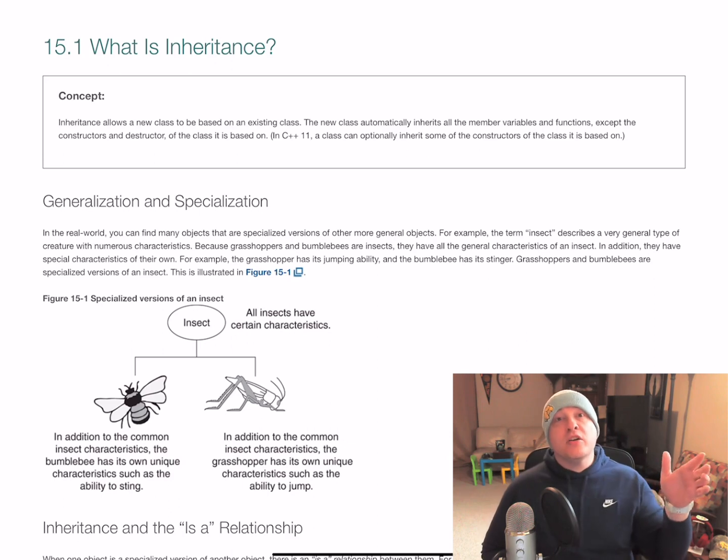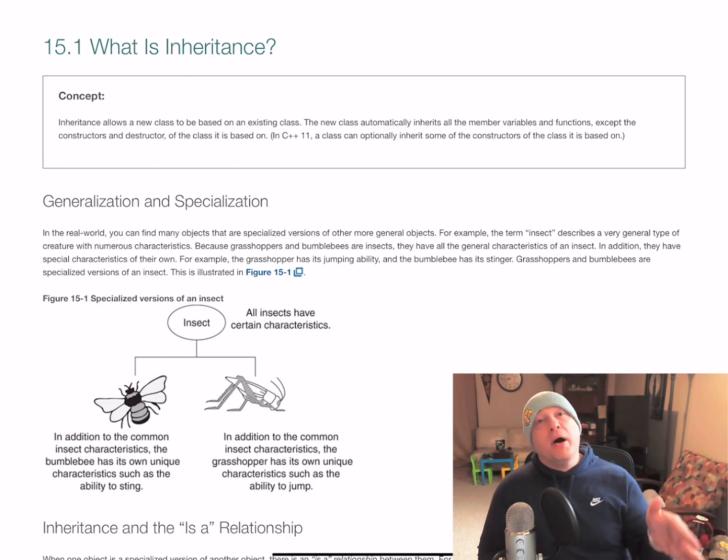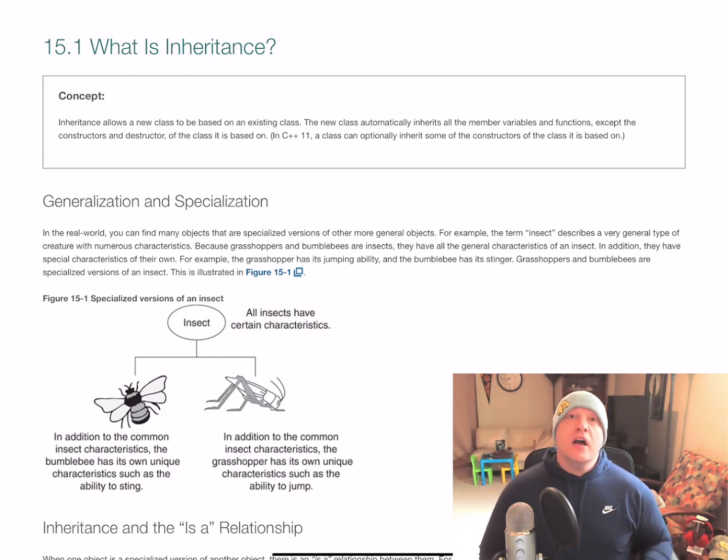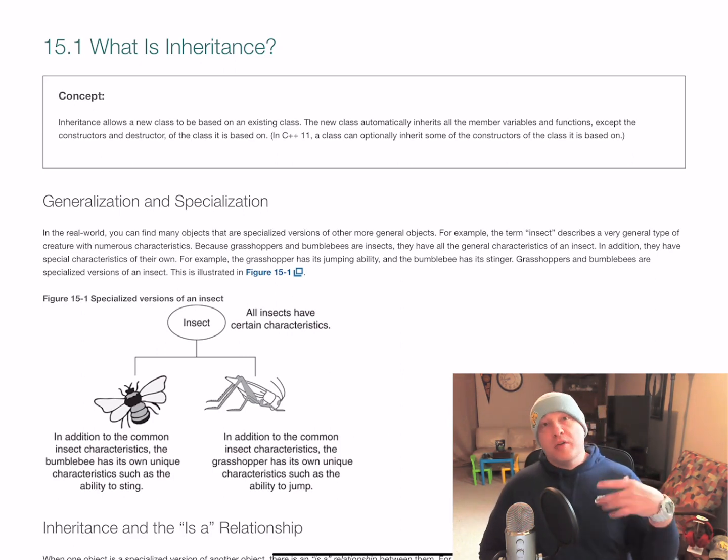Those members include everything but the constructor and everything but the destructor. So all of the private and public, and we are going to see protected as well in this chapter, all of the private and public members of that class, so the variables and the functions, are extended down to the derived class. So that is the purpose here of inheritance.